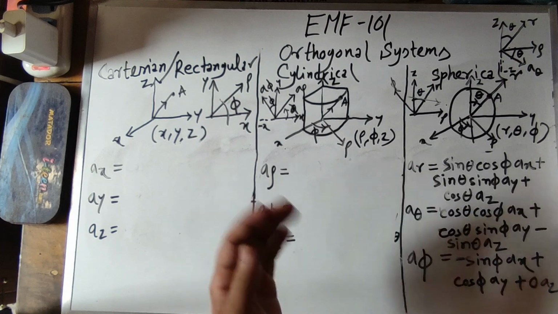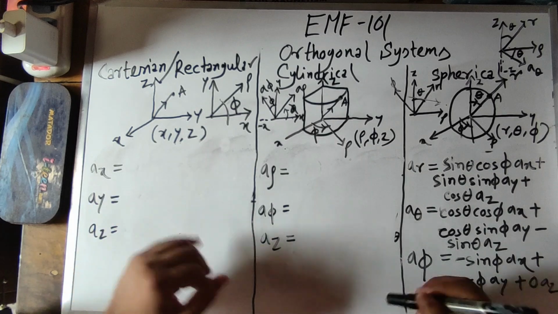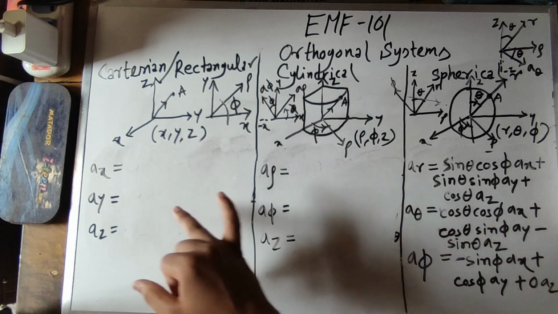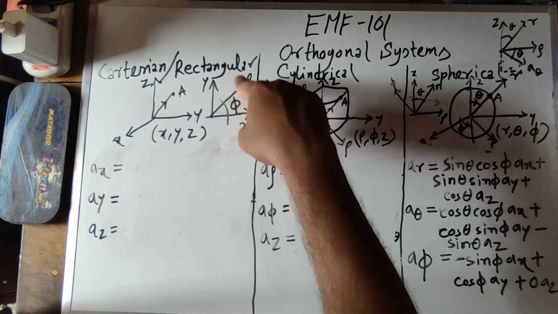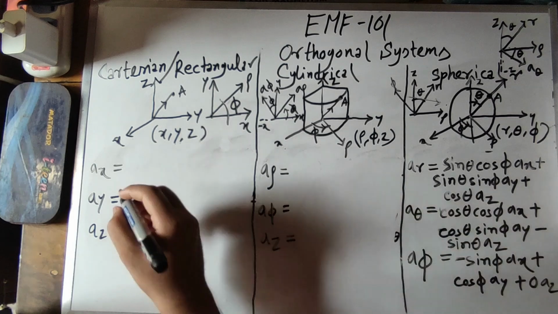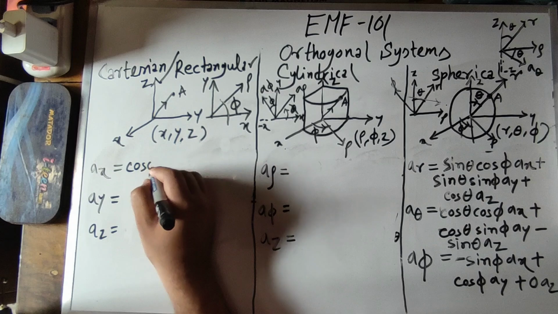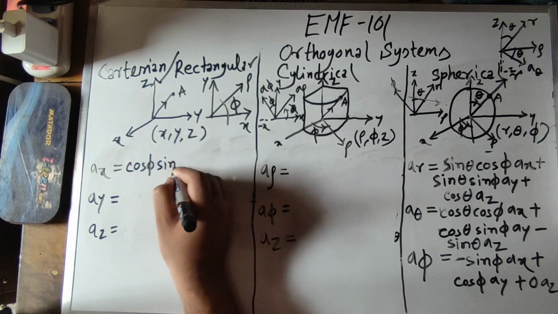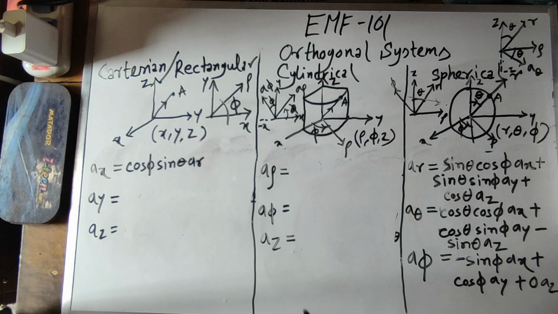So for spherical to Cartesian conversion, ax will look like this: x has cos phi with a rho, and rho has a sine theta component, so ax has cos phi sine theta with the ar component.